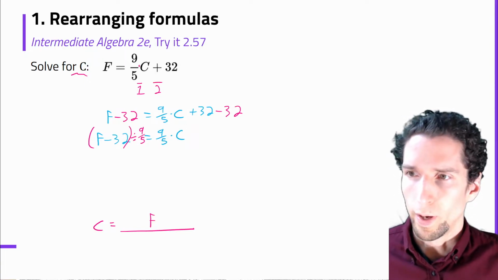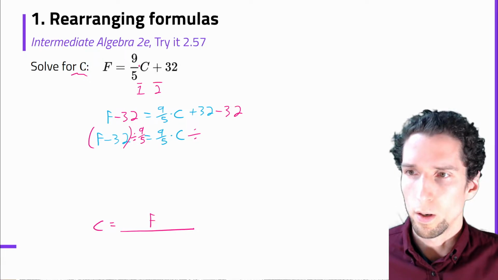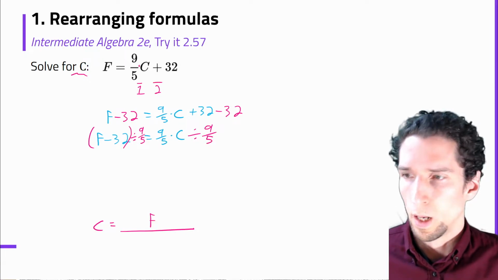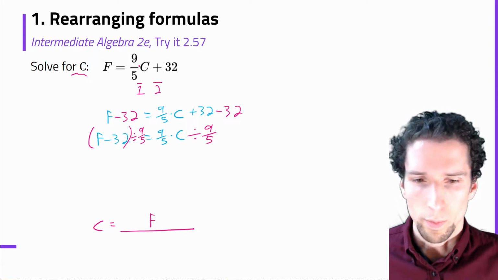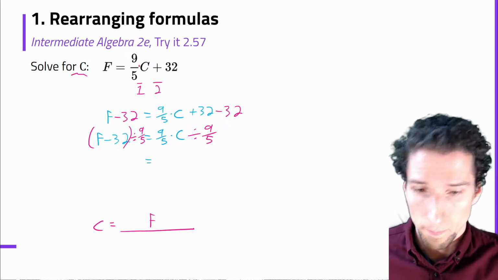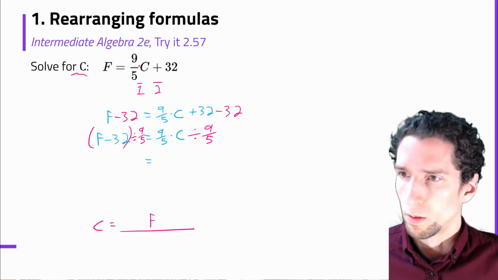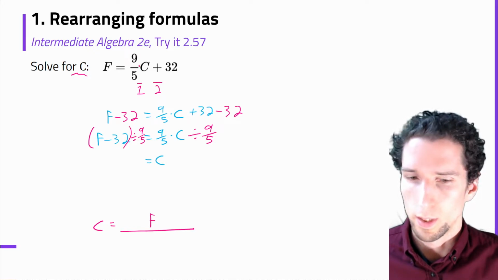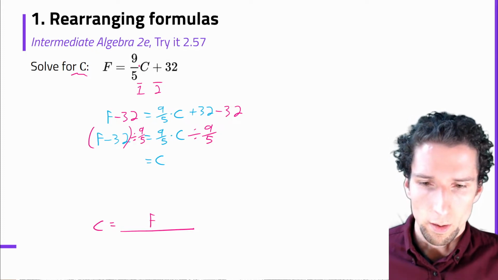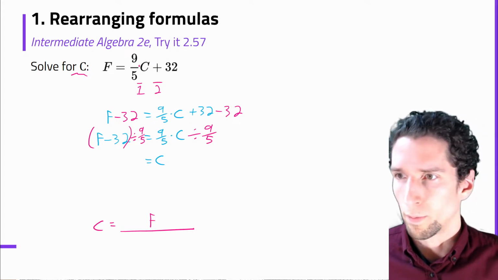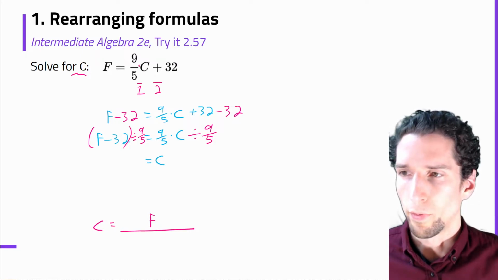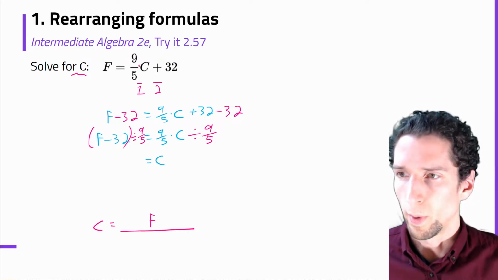And we will divide on the other side here by 9/5. And when we simplify this on this side here, on the right, we will be left with just C. And on the other side here, let's just put the 9/5 kind of in front, standard way of writing it.